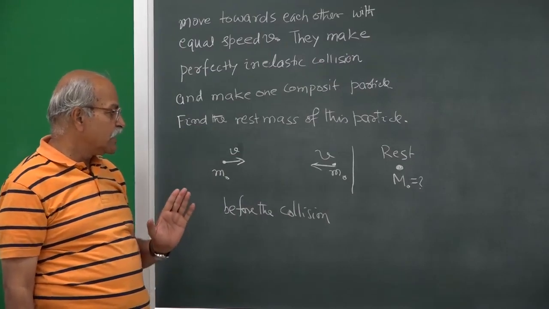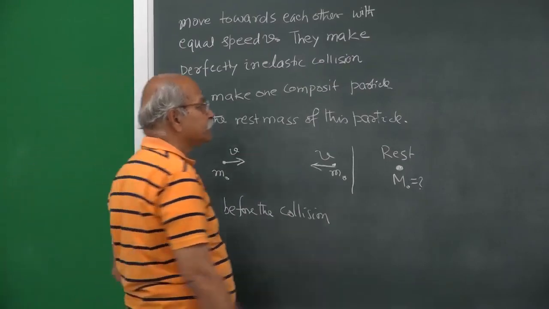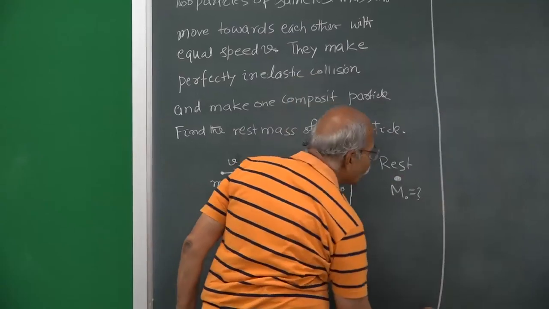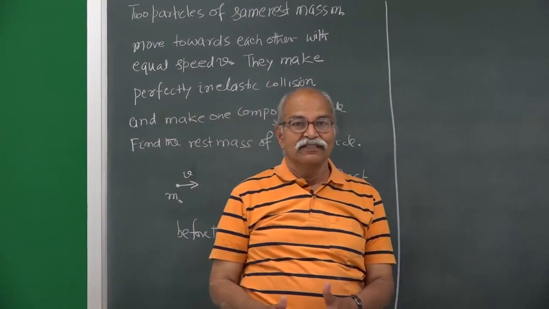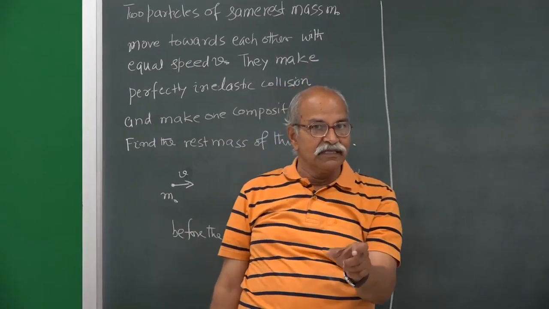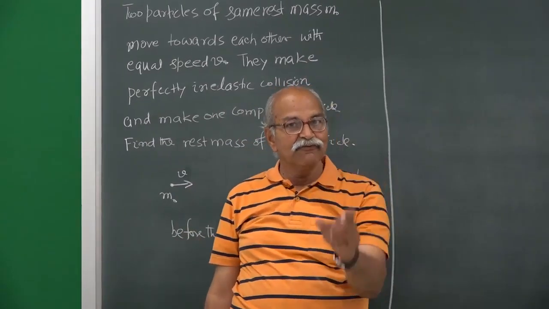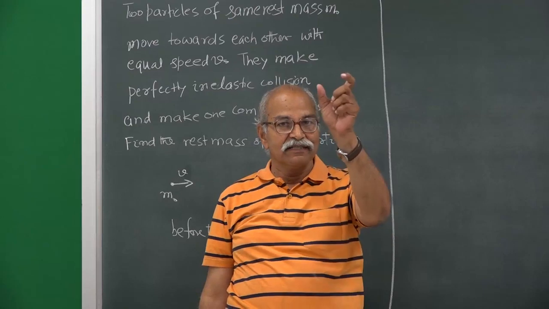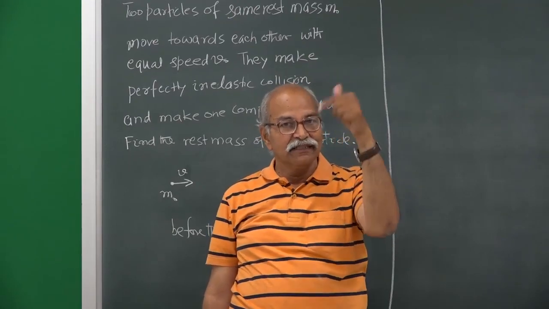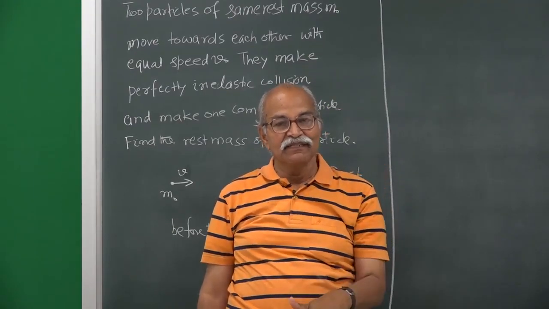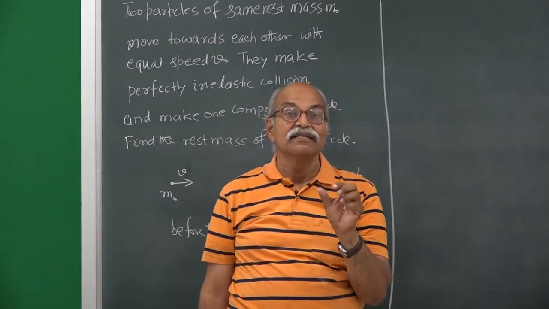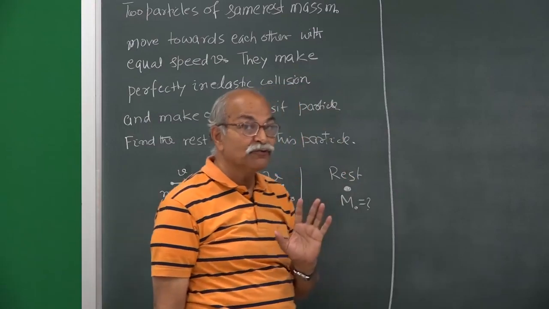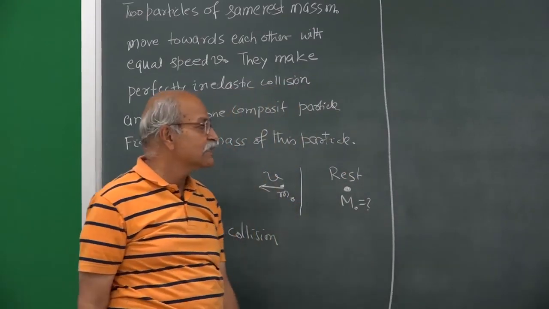And now, let us make energy conservation. Which energy? Total energy. You have energy and momentum as one 4-vector: E by c and then Px, Py, Pz. They are separately conserved if no external forces act on the system.